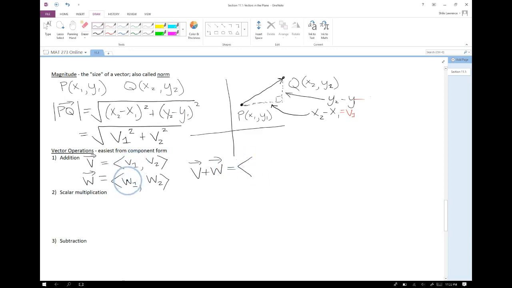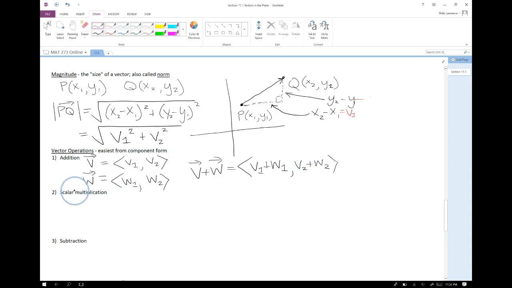Because both v1 and w1 are horizontal components, since they point in the same direction, we can add them together. And then v2 and w2 are both vertical components, and since they point in the same direction, I can add them together. And we get a new vector that's still in component form that has components v1 plus w1, and we're adding here because we were told to add the two vectors together. And the second component is v2 plus w2.